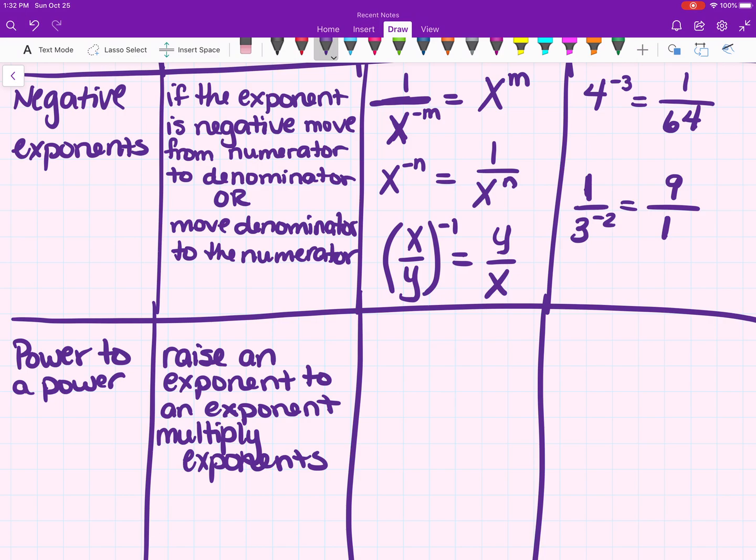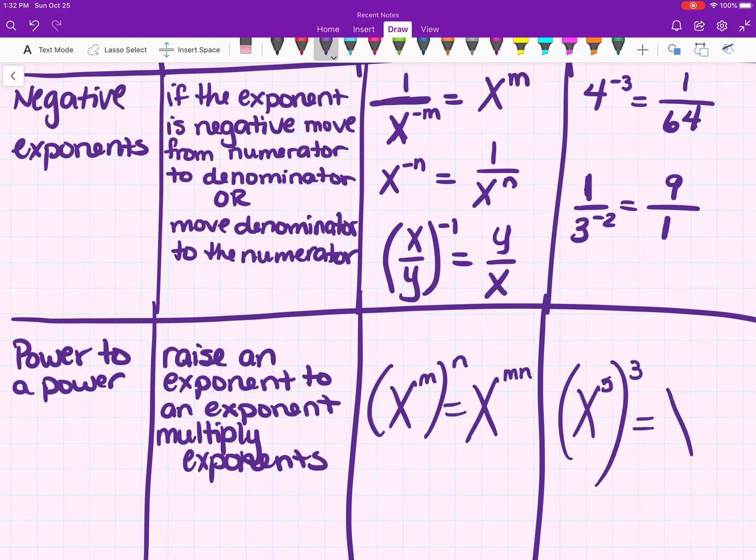Okay, so for example, if we have x to the m, that whole thing raised to the n, that's going to equal x to the mn. Okay, so x to the 5th raised to the 3rd would be x to the 15th. Okay, if you have any questions on that, feel free to talk to me about it.